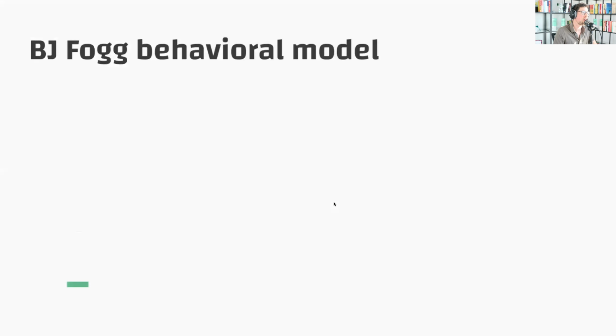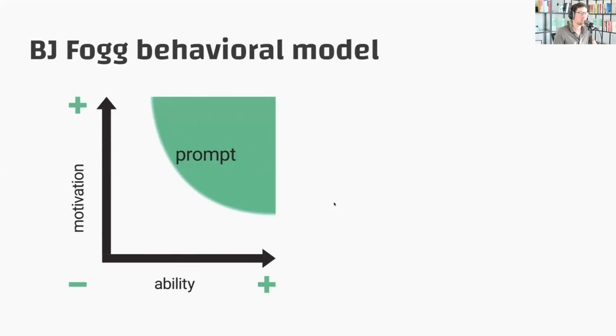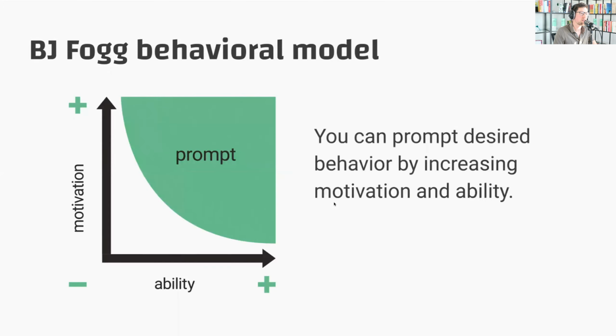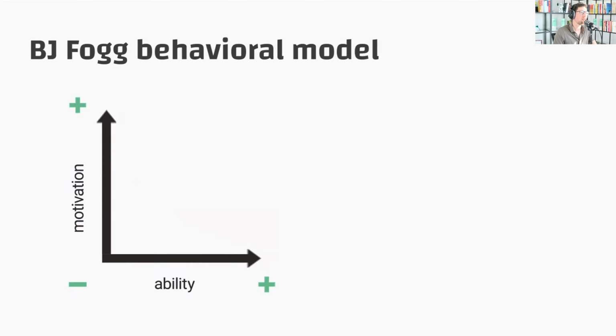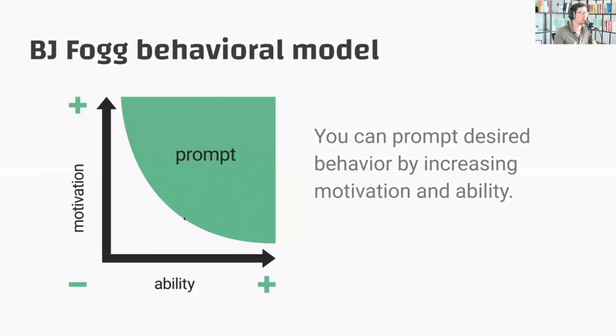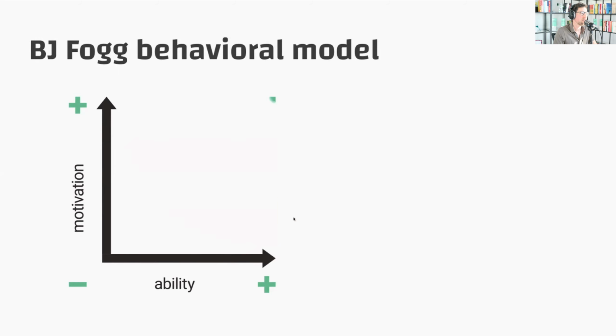All right. So this is the BJ Fogg behavioral model. It pretty much says that you can prompt a desired behavior by increasing motivation and ability, right? So whenever you want to design behavior, you need to think about motivation, ability, and the prompt. When people are heavily motivated, it doesn't have to be that easy. They're happy to work a little harder.